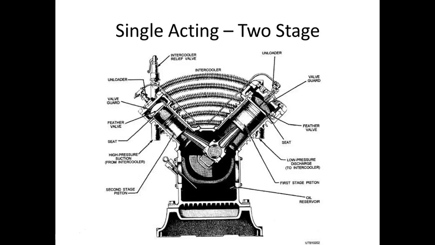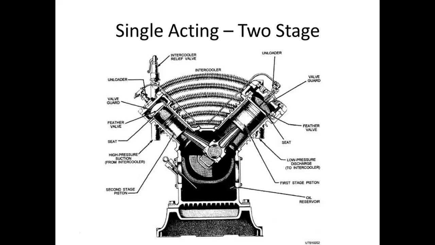Now what we do on stages, I don't know if y'all can see this on this diagram or not. We take two or more cylinders, and we take the output of one and feed it into a smaller cylinder. The second cylinder has to be smaller, because if it was the same size, the air would decompress when it goes in there, right? So you can tell these multi-stage compressors because each cylinder gets smaller.